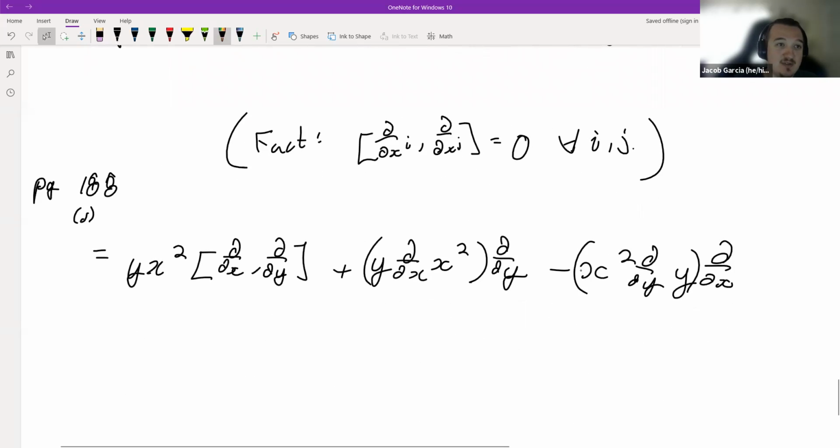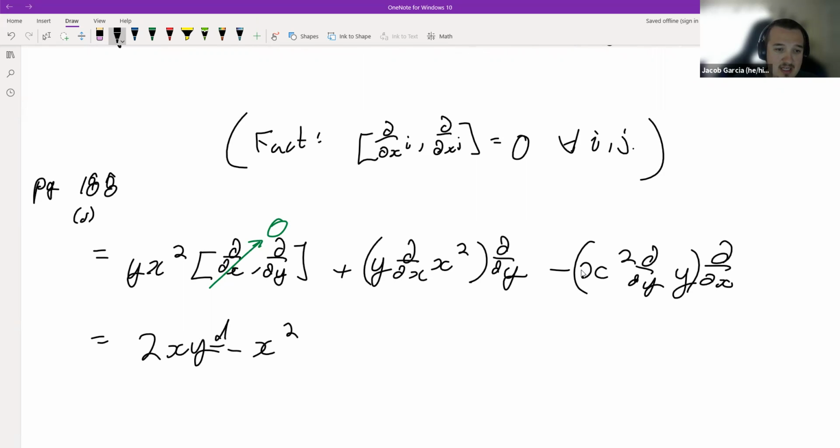And then you use this fact that I just said to break this Lie bracket down to 0, and then you just apply a thing for this first term. So this is 2xy minus x squared, sorry, d dy, or del y. This is del x.